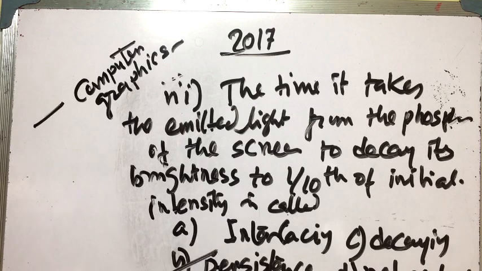The correct answer is persistence. The time it takes the emitted light from the phosphor of the screen to decay its brightness to 1/10 of the initial intensity is called persistence.